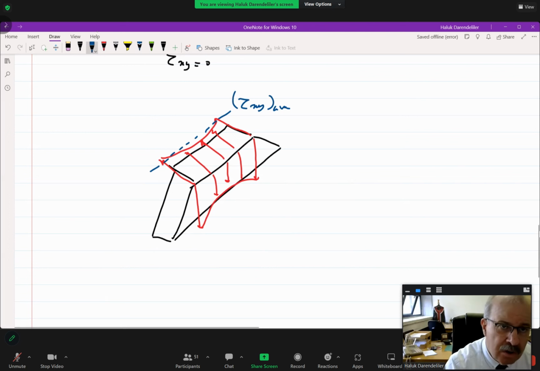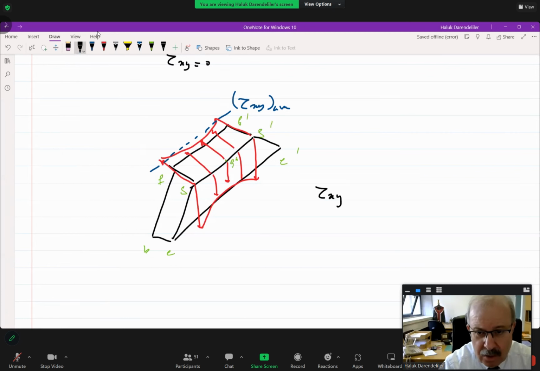Why? Because remember the notation that we use, we have f, g, f prime, g prime here, and b, e prime, etc. Now, if you say that this point is g double prime, what we know is that tau xy, which we calculate with this equation, at g and g prime is greater than tau xy at g double prime.